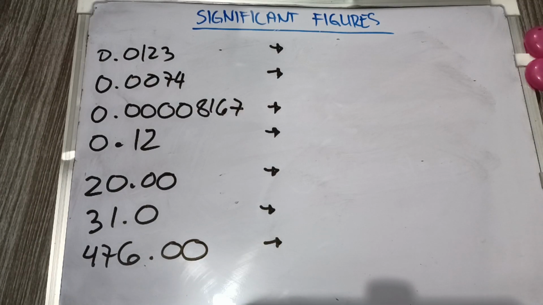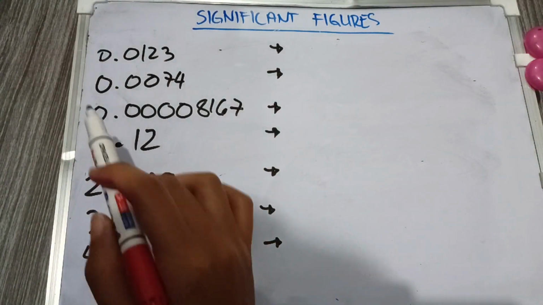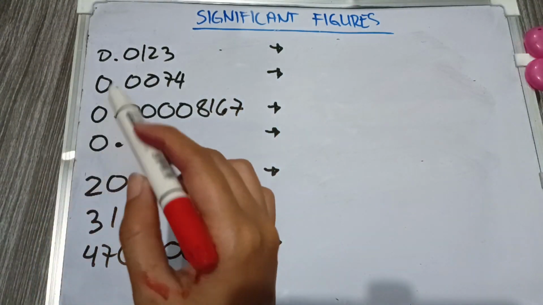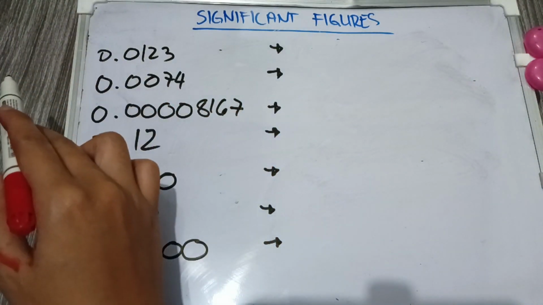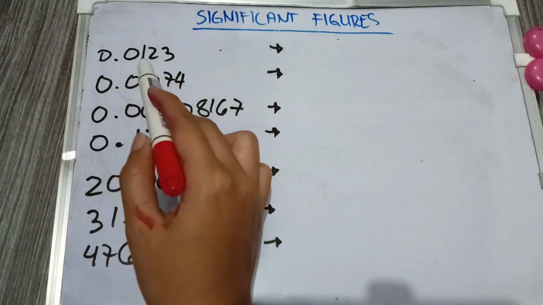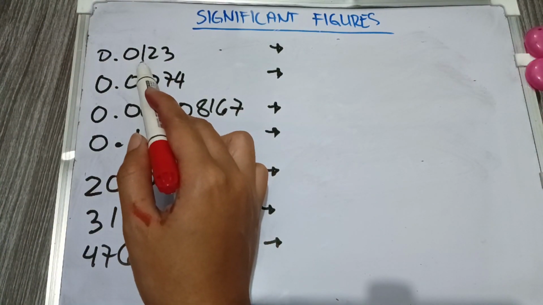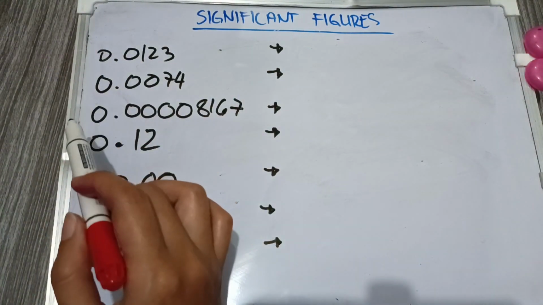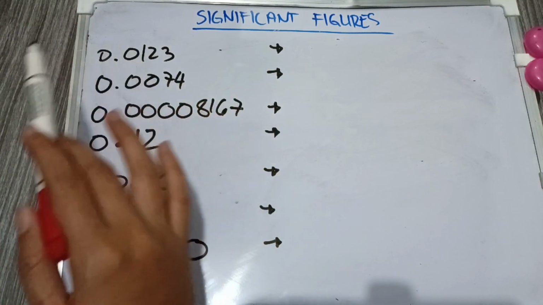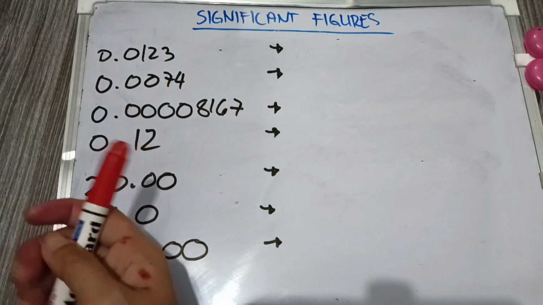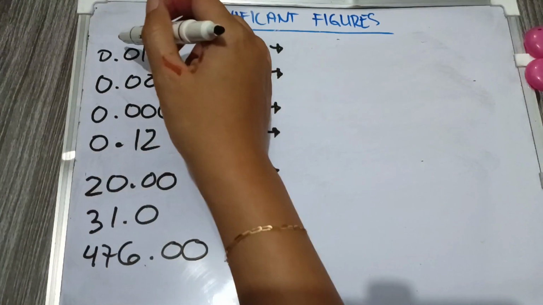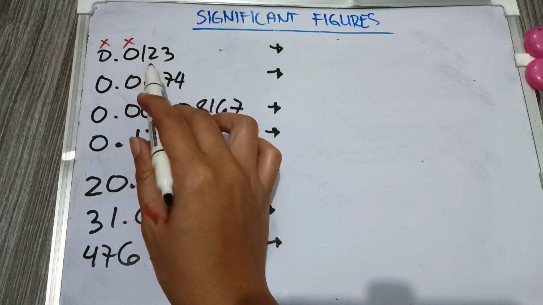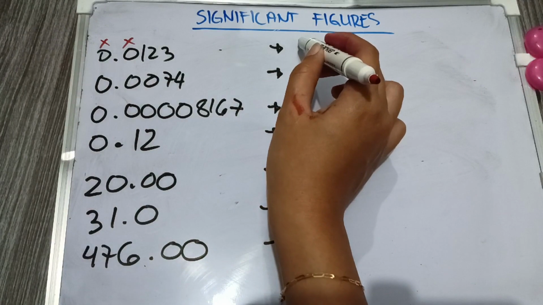Now let's have another example. In this example, we have 0.0123. As I've said earlier, zeros at the left of a non-zero digit are not significant. So in simple words, zeros at the beginning are not significant. So we cannot count this. So we only have 3 significant figures.